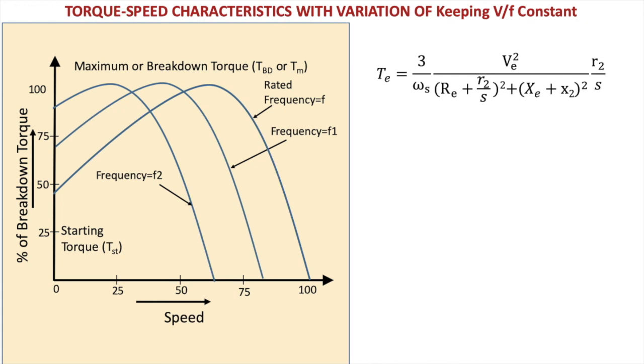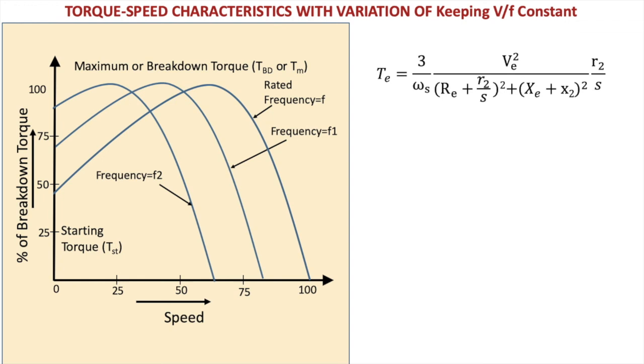If you try to control the motor by just changing the frequency, if you reduce the supply frequency, the motor will go into saturation. So for the motor not to go into saturation, we have to keep V by F constant. That is, if frequency is reduced, the voltage also needs to be reduced. If only frequency is reduced and the voltage is not reduced, then the motor will go into saturation.